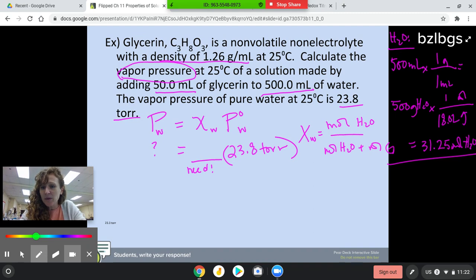So basically what I'm doing is I'm just trying to find moles of everything. What's moles of water, what's moles of glycerin, and then I can make my chi.